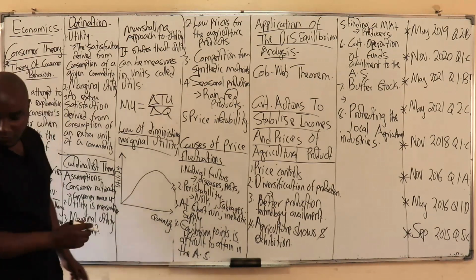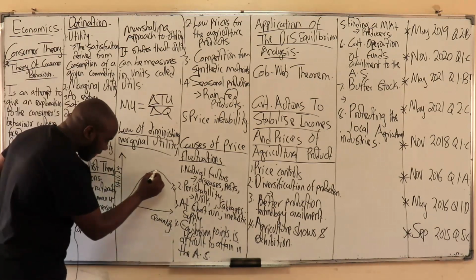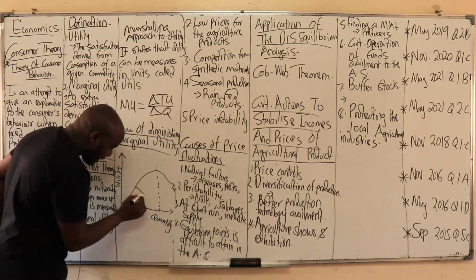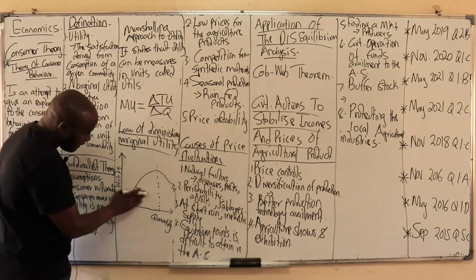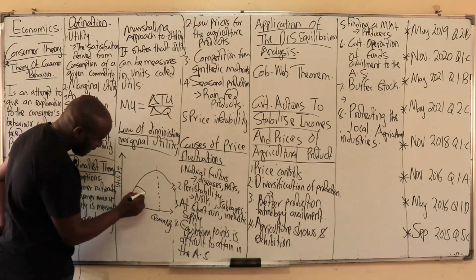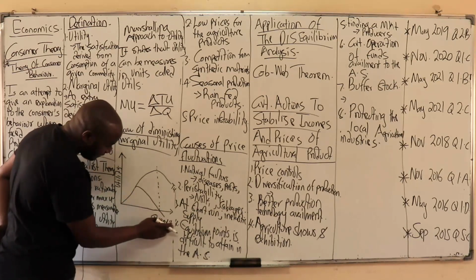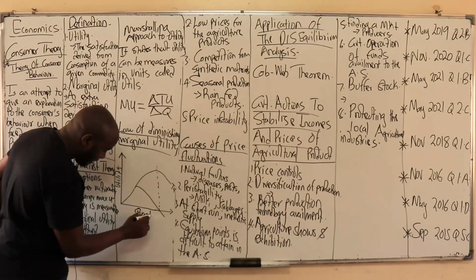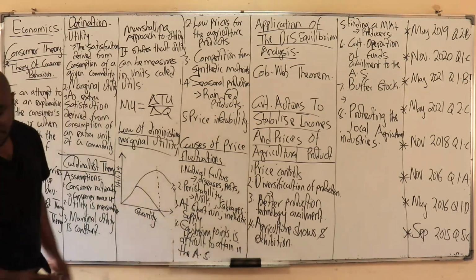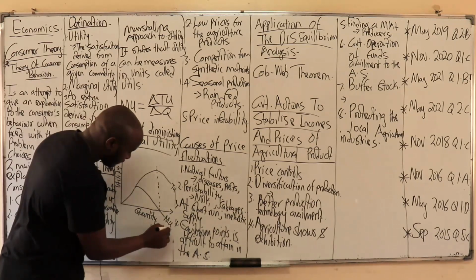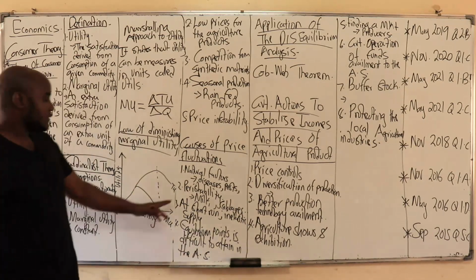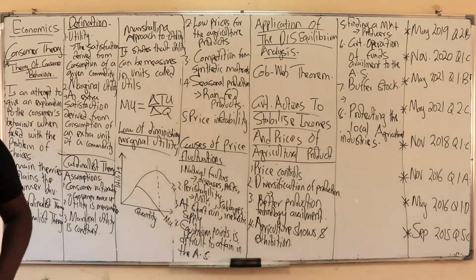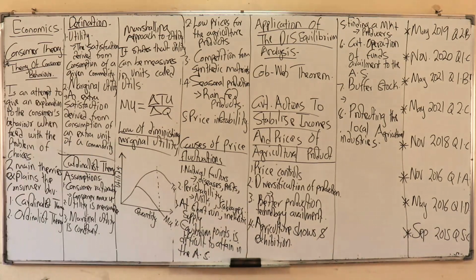Then in here, this is the marginal utility. This is the total utility, but this one here is the marginal utility.